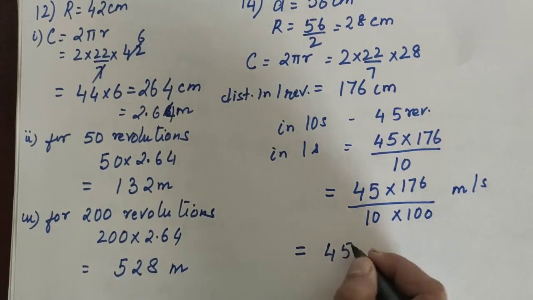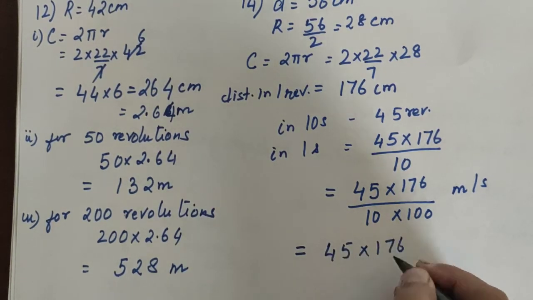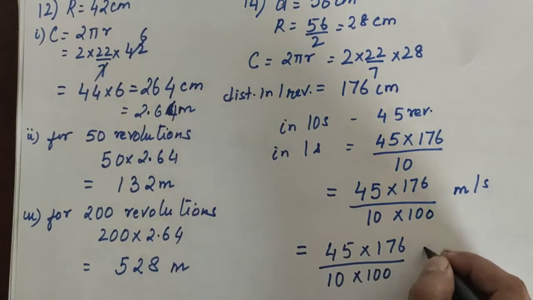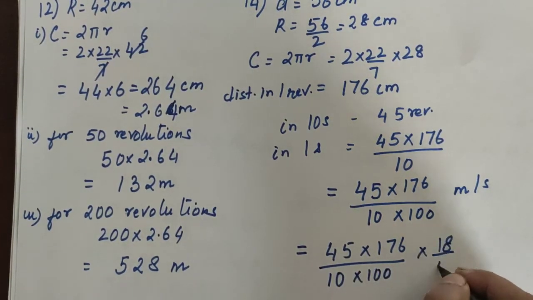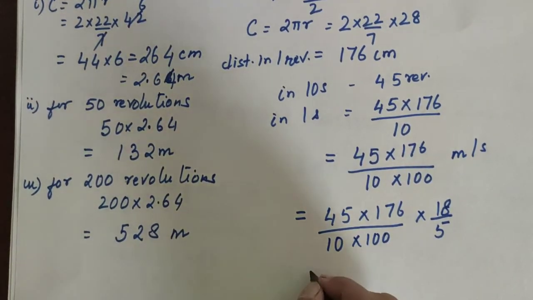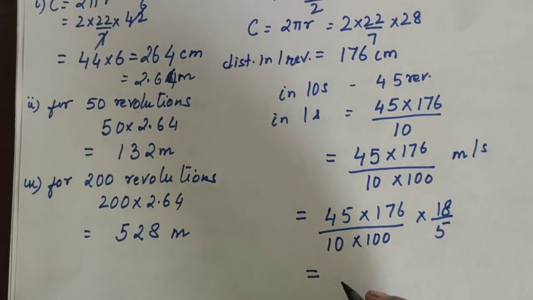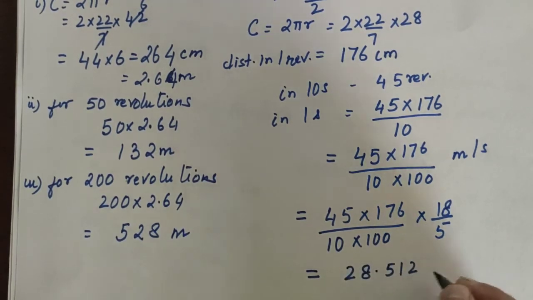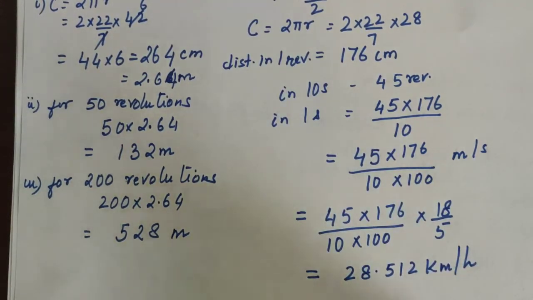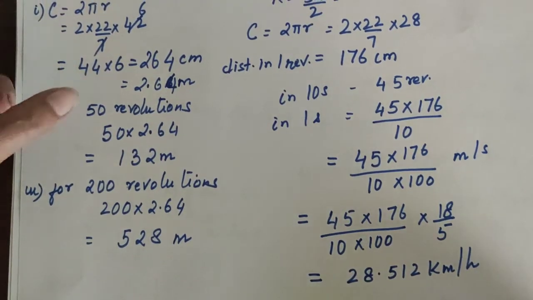So 45 into 176 upon 10 into 100 into 18 upon 5. After solving all this, your answer should be 28.512 kilometer per hour. This is the answer.